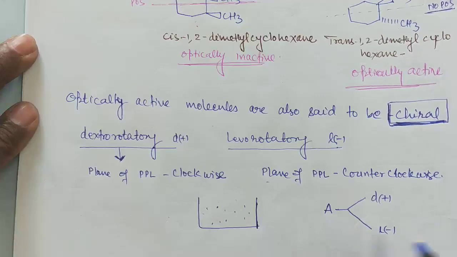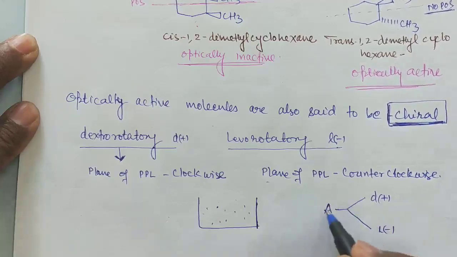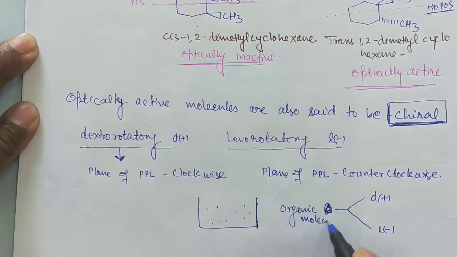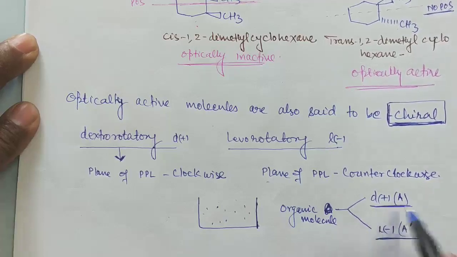Suppose this is an organic molecule. This is A and this is A dash. One is dextrorotatory and the other is levorotatory.